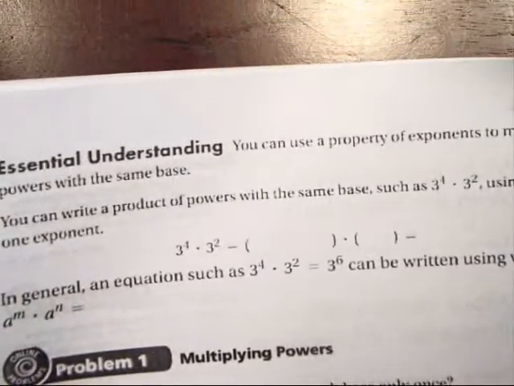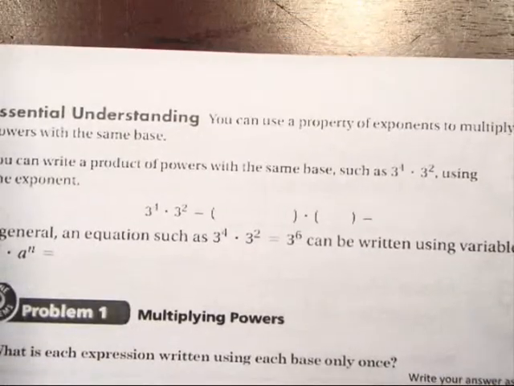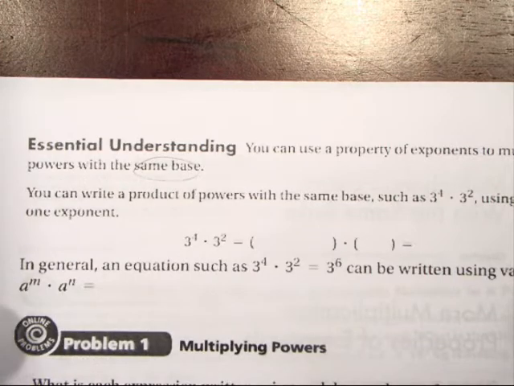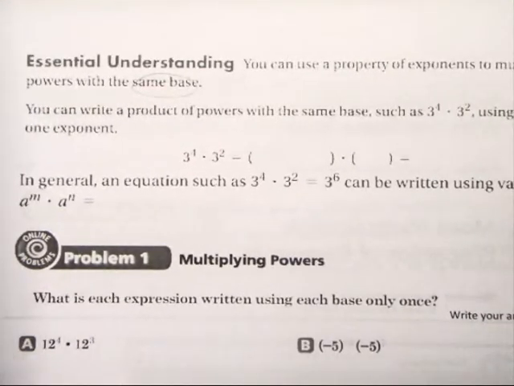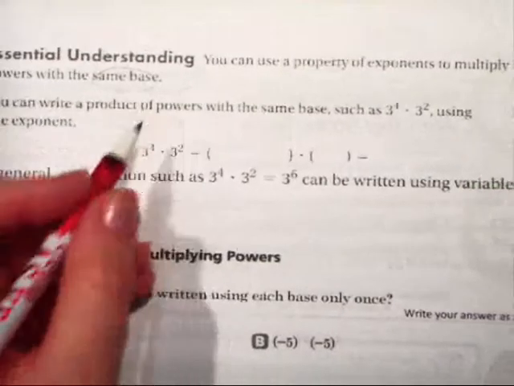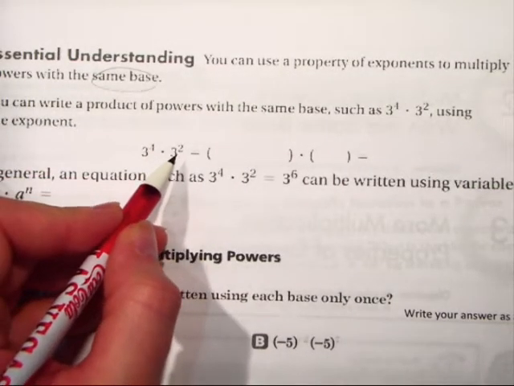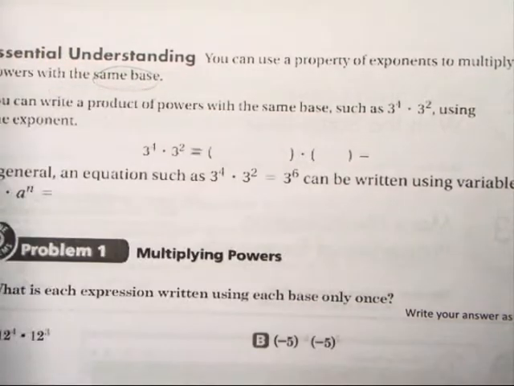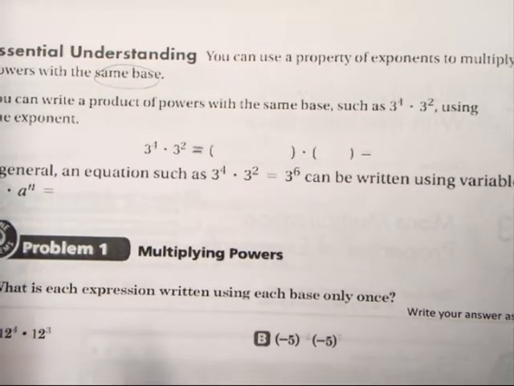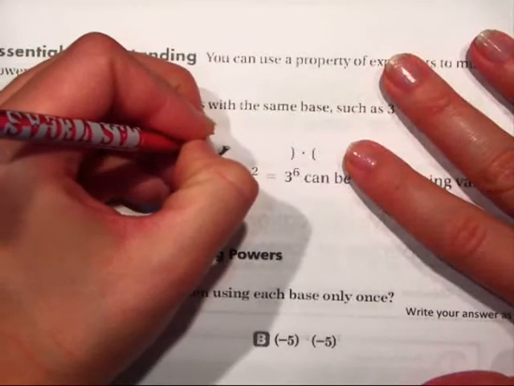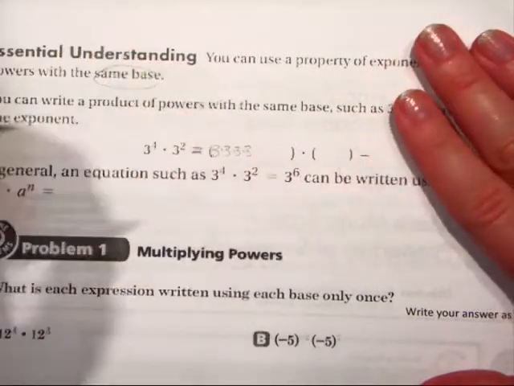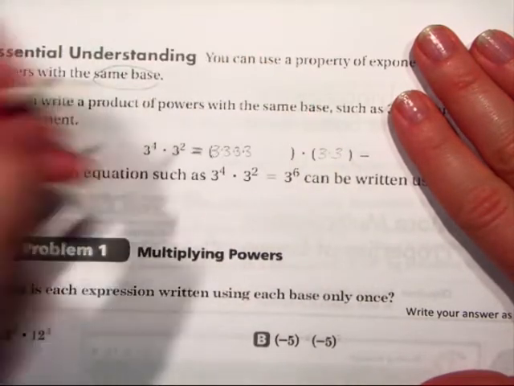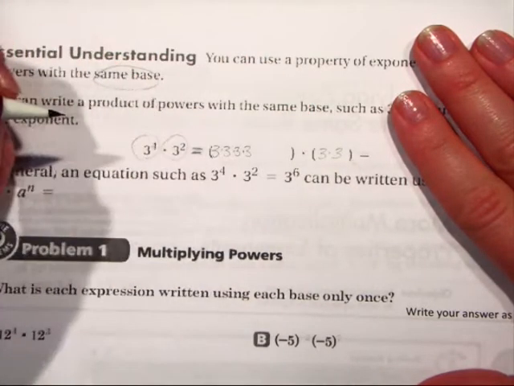The first essential understanding is that you can use a property of exponents to multiply things with the same base. Please highlight or circle the words same base, because that's going to be important. For example, do you see how this is 3 to the 4th and 3 squared? That equals a whole bunch of 3's: 1, 2, 3, 4 times 1, 2 of them, because the 4 came from the first and the 2 came from the second.